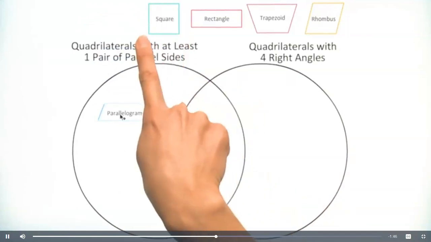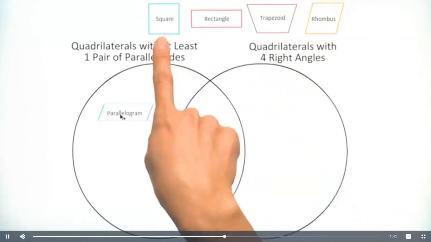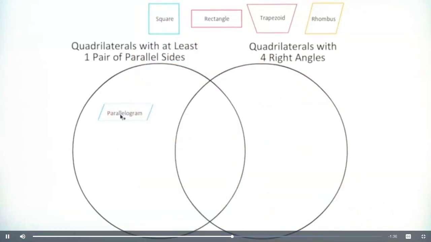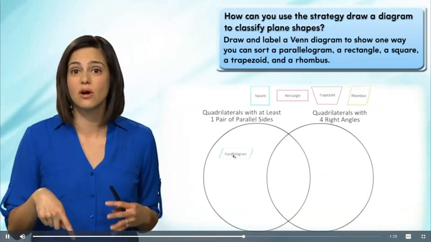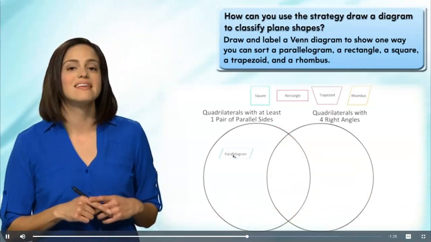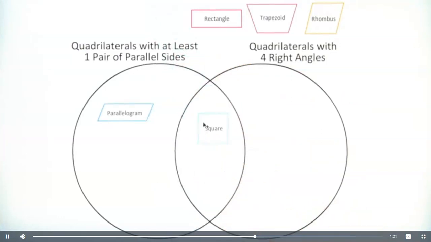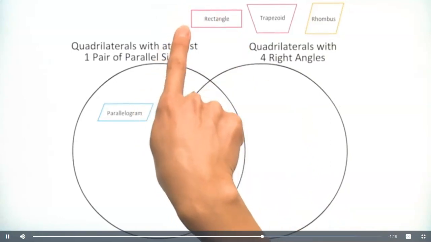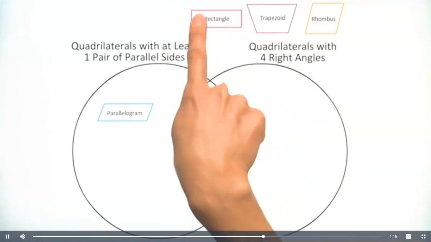Well, they're all quadrilaterals. So if we can place them into 2 different categories, then we can form our Venn diagram. Well, some quadrilaterals have a pair of parallel sides, and some quadrilaterals have 4 right angles. So we can form a Venn diagram with these two characteristics. So let's look at our figures one by one and see which ones belong where.